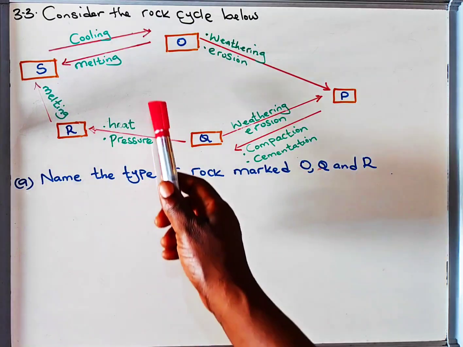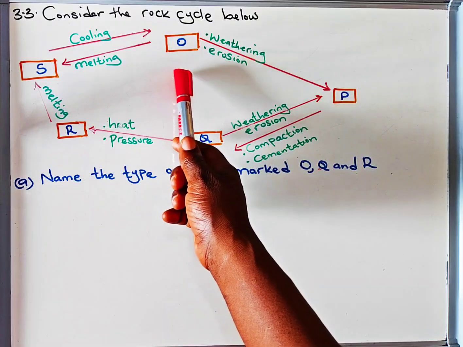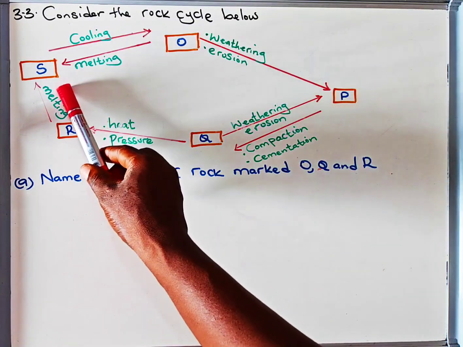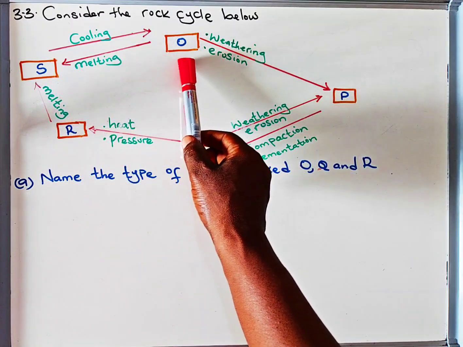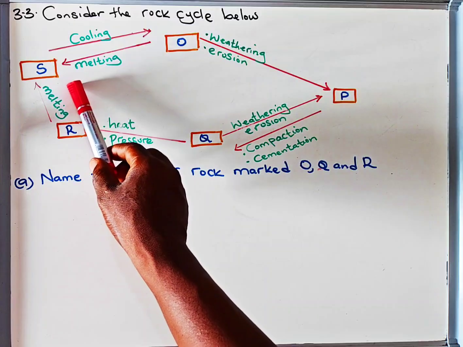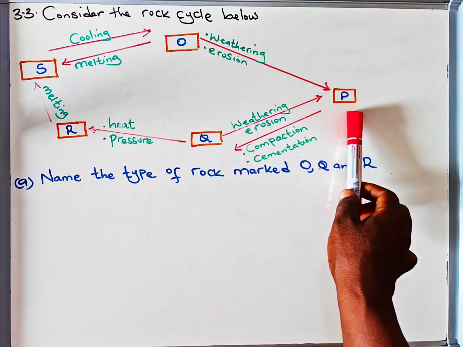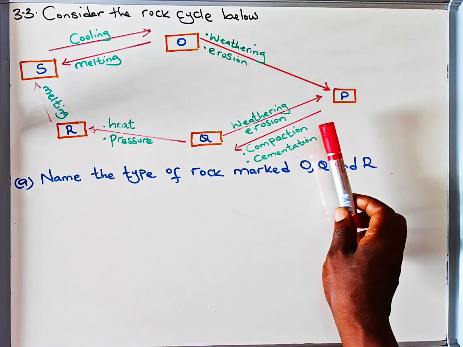Yes, we are looking at this question. It says, consider the rock cycle below. Here we have S cooling to become O, and the O melting to become S. Then we have O turning into P after weathering and erosion.